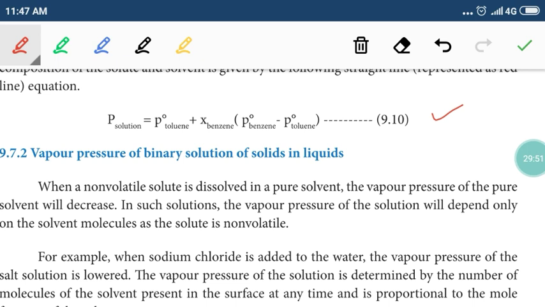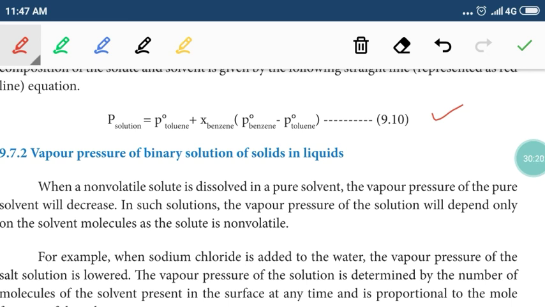So today we have completed the effect of temperature in the dissolution of gas in liquid water or liquid solvent. Second thing, effect of pressure in a solution. When gases are dissolved in liquid, pressure increases, solubility increases. Next thing, Henry's law. It says partial pressure of the solute is directly proportional to the mole fraction of solute.